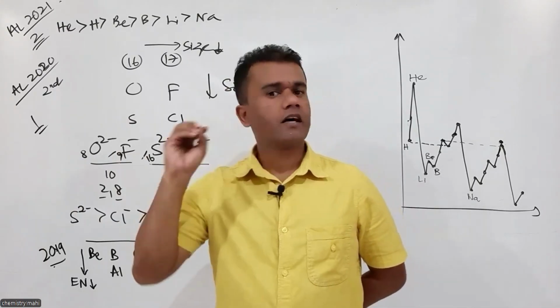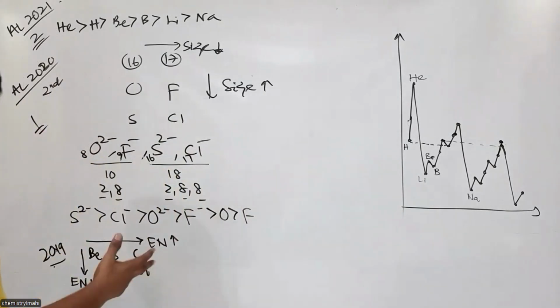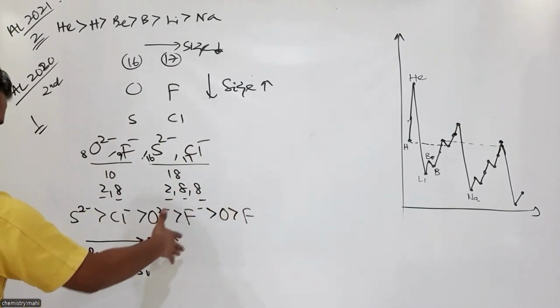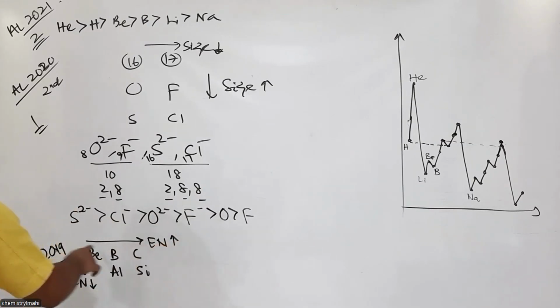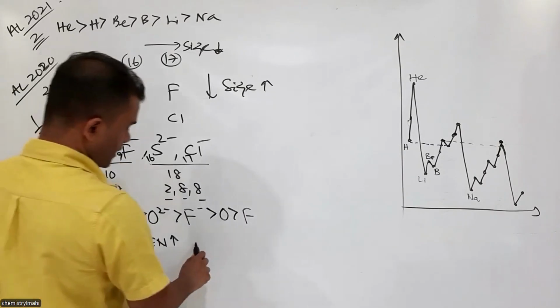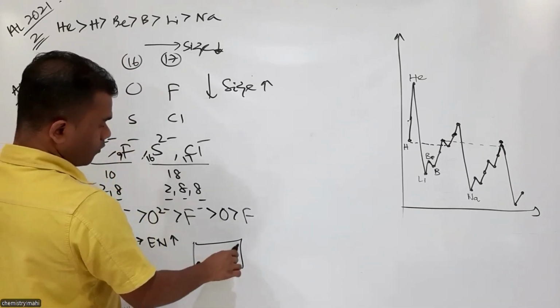Lowest electronegativity and highest electronegativity, that difference should be the largest. So where do you find the lowest electronegative one? Rightmost or leftmost? Definitely leftmost. Leftmost, top or bottom? Bottom. Leftmost bottom. And the highest one, where do you find it? Rightmost top. Can you see that one? In the periodic table, least one here, most one here.